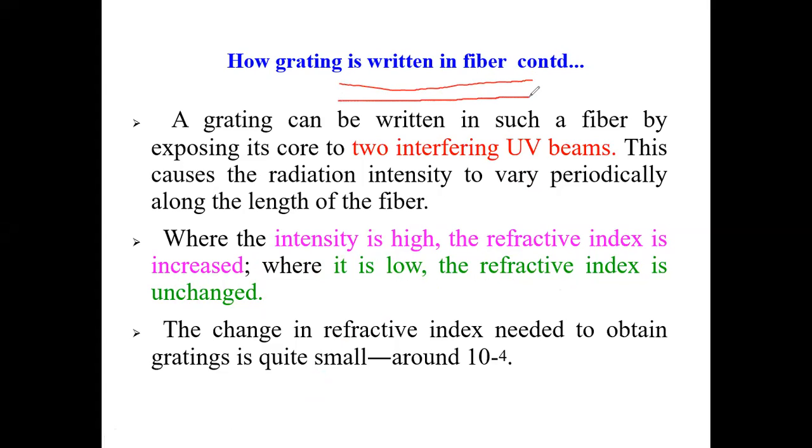I have the core and cladding inside and the light is proceeding. Suddenly, if I want this grating, I can expose this patch of fiber. I can dope it accordingly, and then I will expose this part of the fiber with UV light. So what happens is the refractive index variation takes place here.